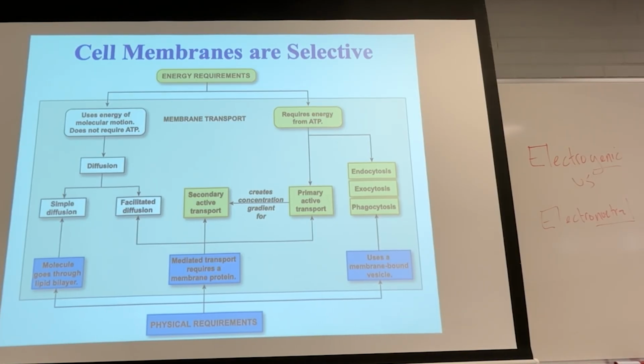Because first and foremost, pumps require ATP, and we just don't produce enough ATP energy to run every type of pump that you can think of. But a concentration gradient is much more effective than individual pumps. So we use one pump, the sodium potassium pump, to run a bunch of proteins that can use concentration gradients.